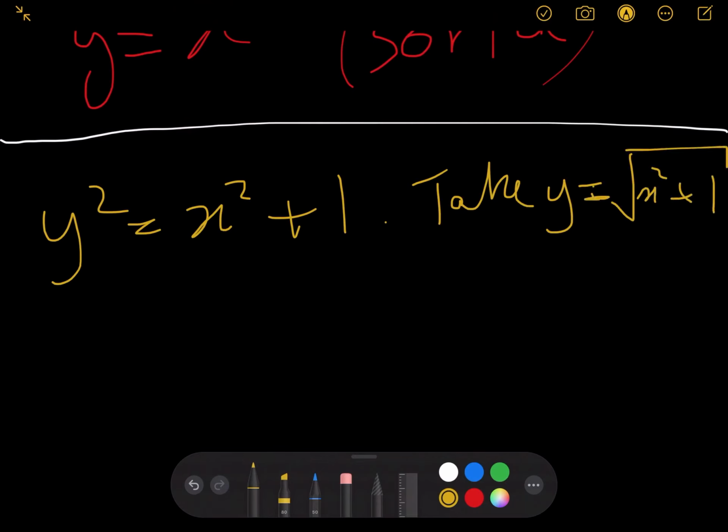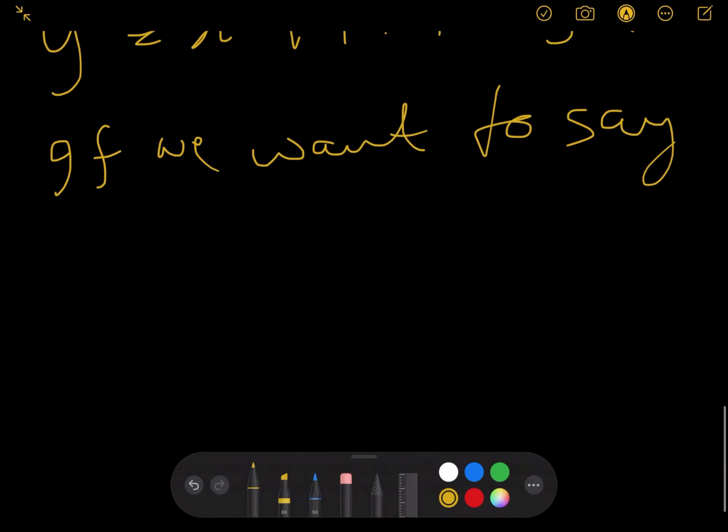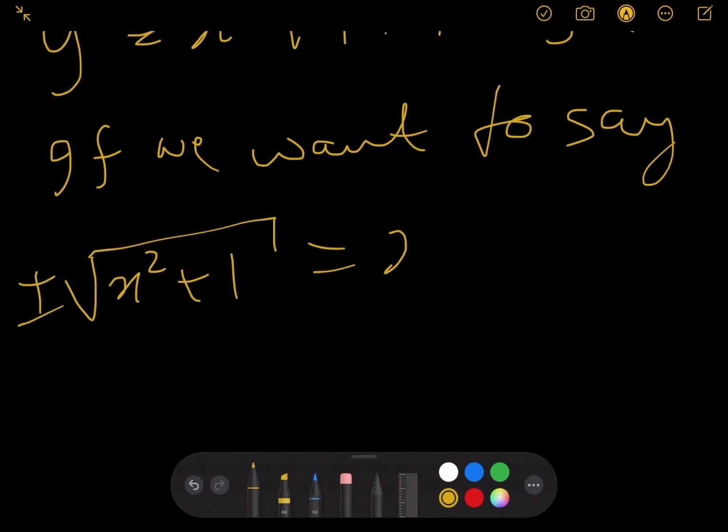That's an equal sign right there. If we want to say that the square root of x squared plus 1 equals plus or minus x, and in fact it's plus or minus x because you have two asymptotes over there.